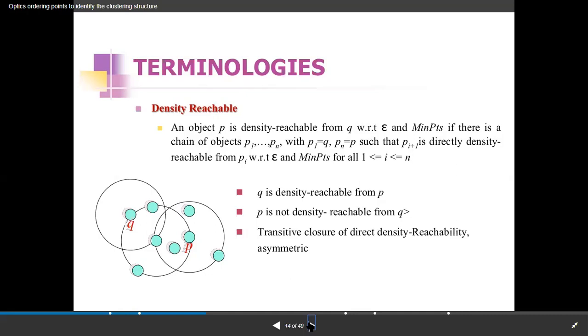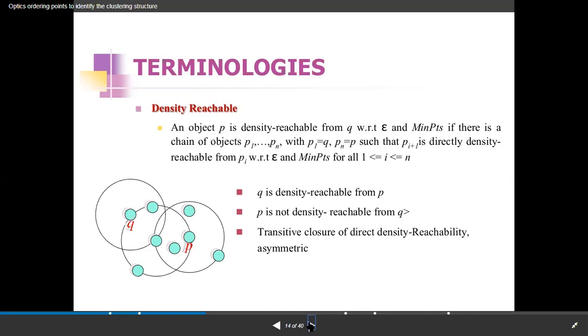Here the P point is a core point. The point that lies on the intersection of these P and Q is also a core point, as it satisfies the criteria of more than 4 number of points. But Q is not satisfying the core point criteria.